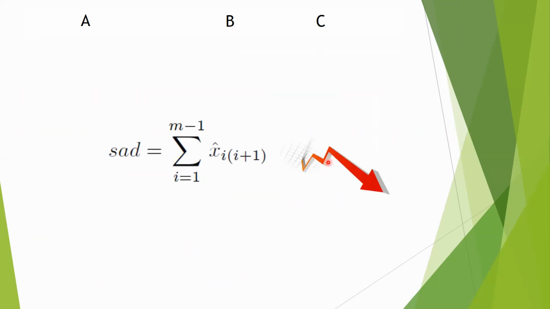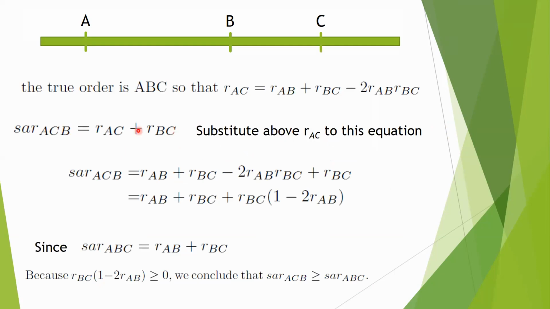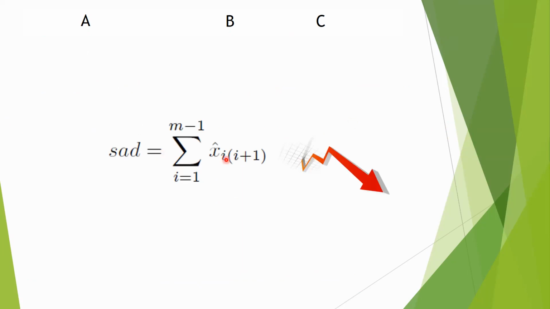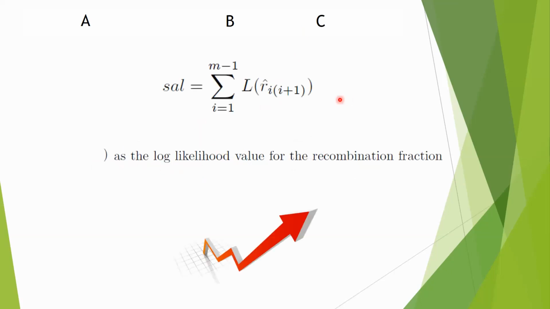Okay, all right. So this is the first criteria we can use, the SAR, the sum of the adjacent recombination coefficients, right? Equivalently, we can use other similar criteria. For example, rather than using the R, we can use the distance, which is the average number of crossovers. Then we can use the SAT. And instead of using the distance or the R, we can also use the likelihood.